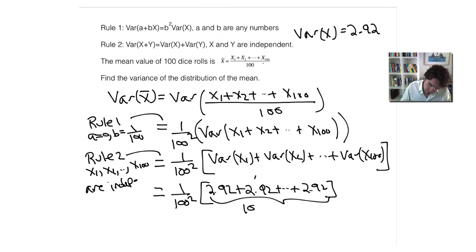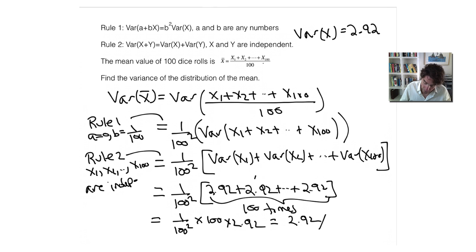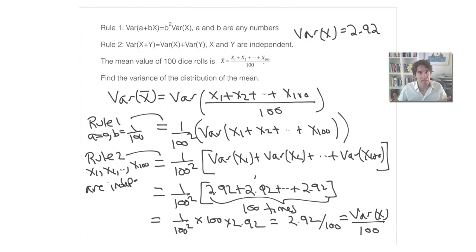So this is equal to 1 over 100 squared times 100 times 2.92, which is just 2.92 divided by 100, which is also just equal to the variance of any individual roll divided by 100. So now we have the variance of the distribution of the sample mean.